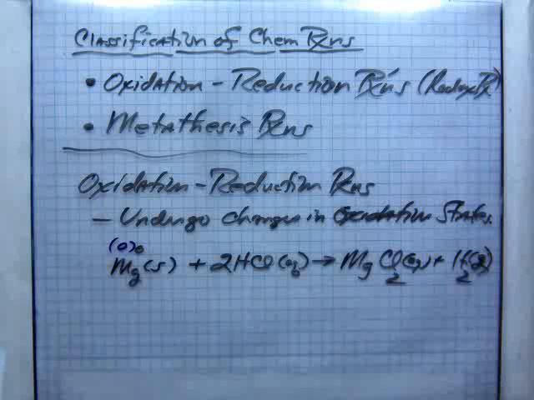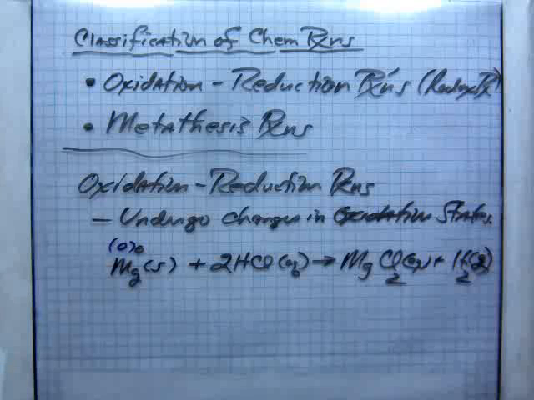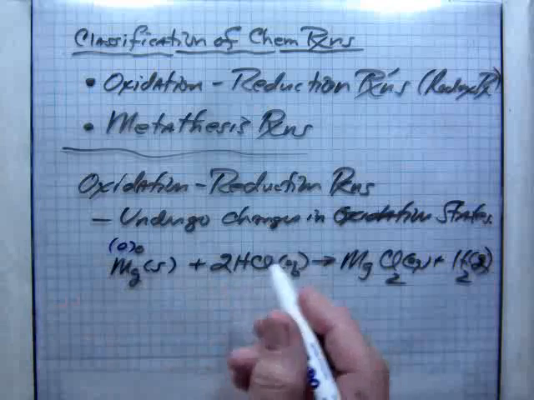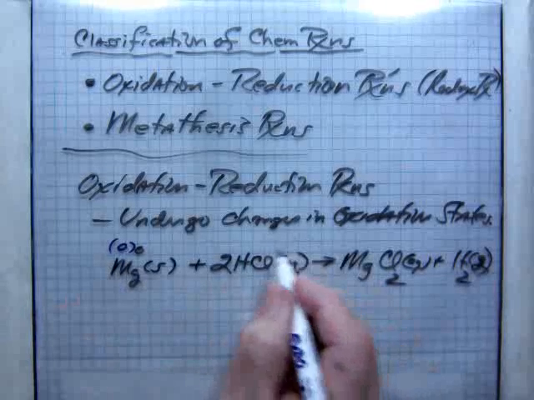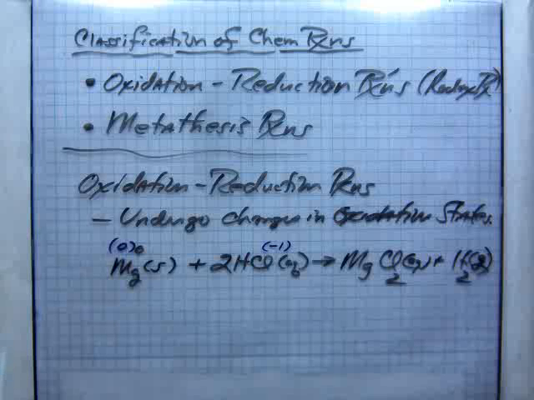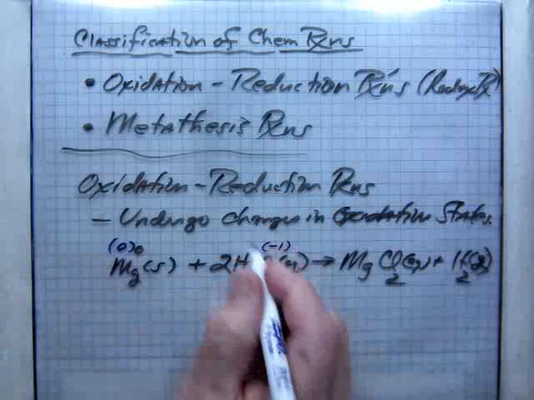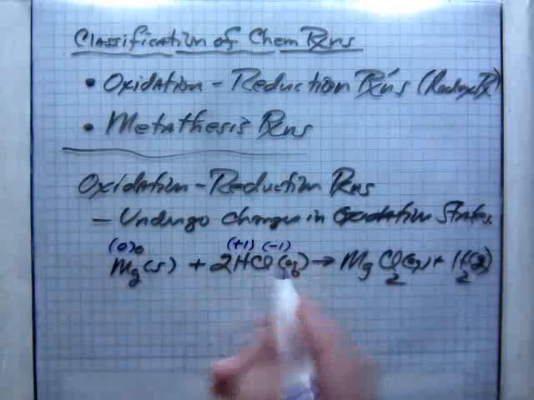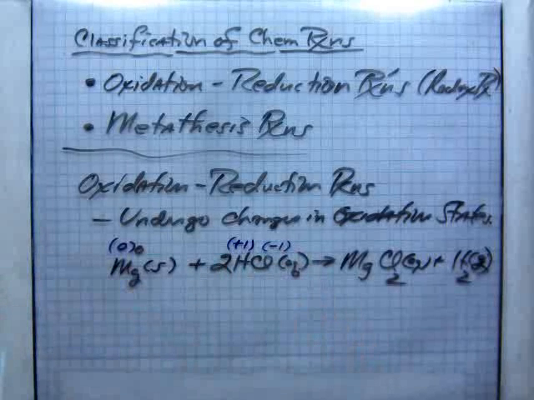Elements in basic standard state are what are used in compounds, are used in chemical reactions, as in molecular reactions. So I'll bring that up later on. But here's hydrochloric acid. Chlorine is in group 7, so it's typically a -1 charge. Hydrogen is a +1 charge. Add them up, you get 0.